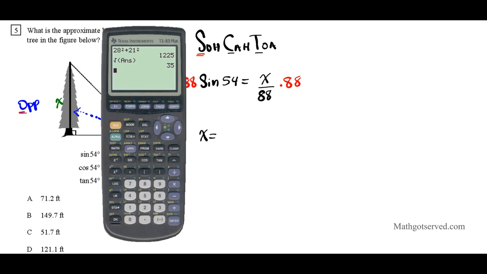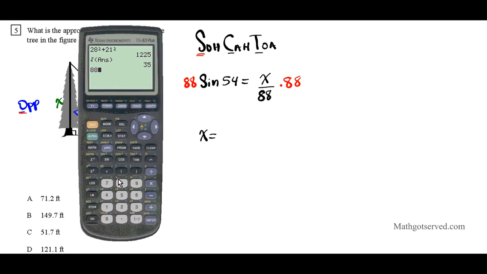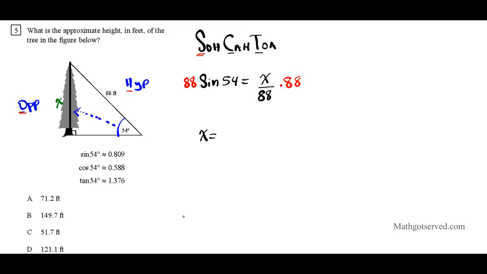Let's plug that into our calculators and see what we get. 88 sine 54, and the answer is 71.2 to 2 decimal places. So it's approximately 71.2 feet. So the correct answer is option A. All right, let's go ahead and move on to question number 6.